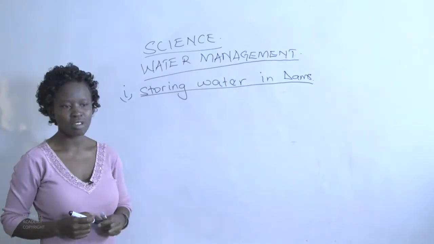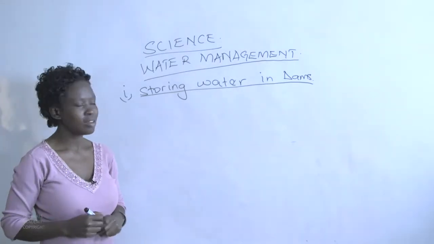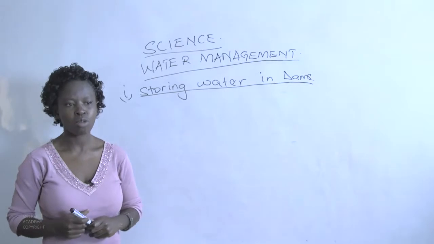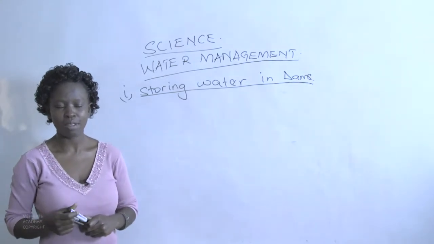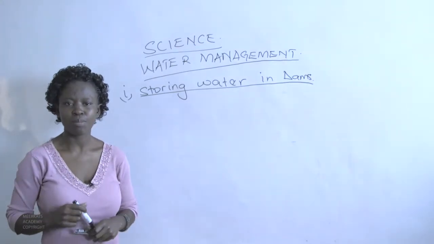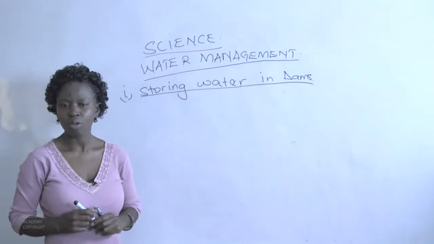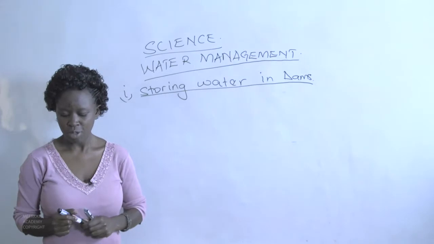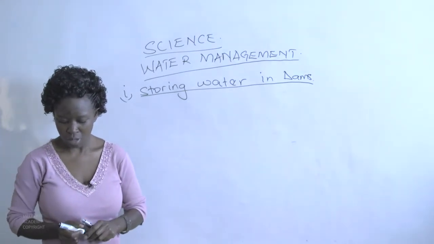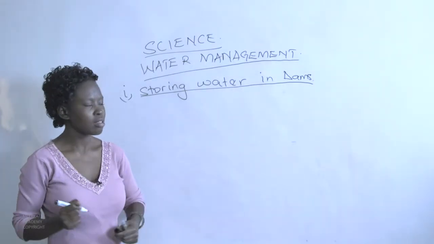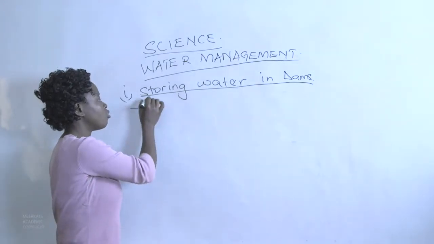So there has to be a mechanism put in place in order to store this water for future use. The mechanism that was put into place is construction of dams.